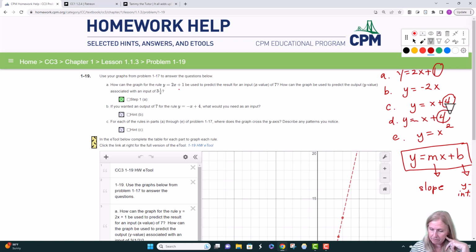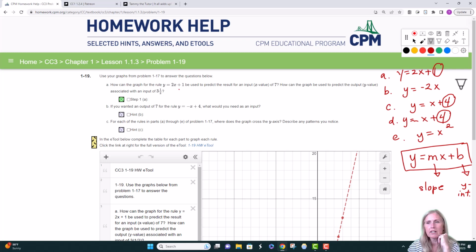Positive 4. Now, if you notice, B and E have y equals a number and the x. If there's no number in front of the x, it's a 1, okay? But there's just no need to write the 1. It looks kind of silly and it's obvious there's only one x there, okay? But there is a number, just so you know. They just don't have a plus or minus another number here.